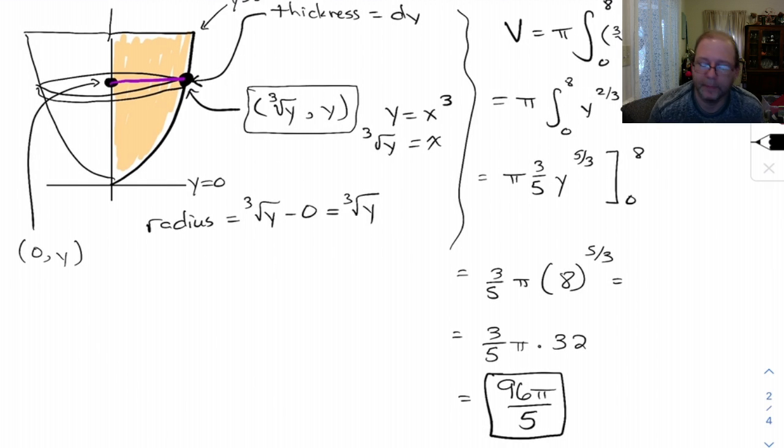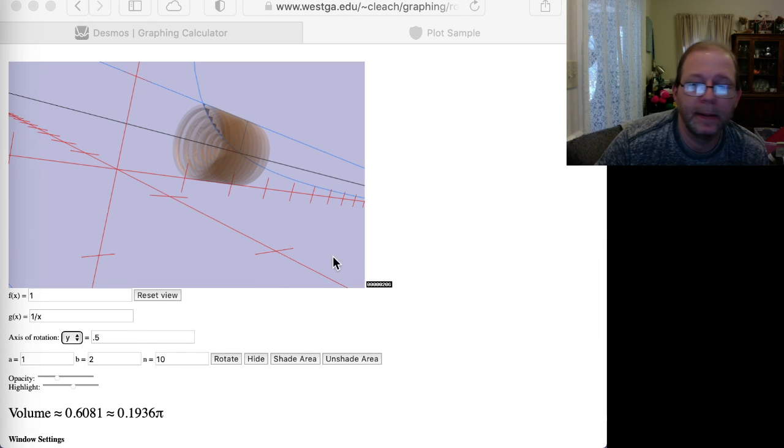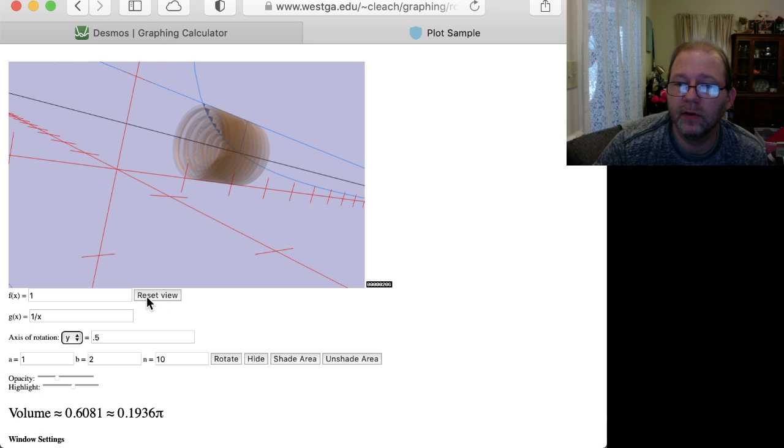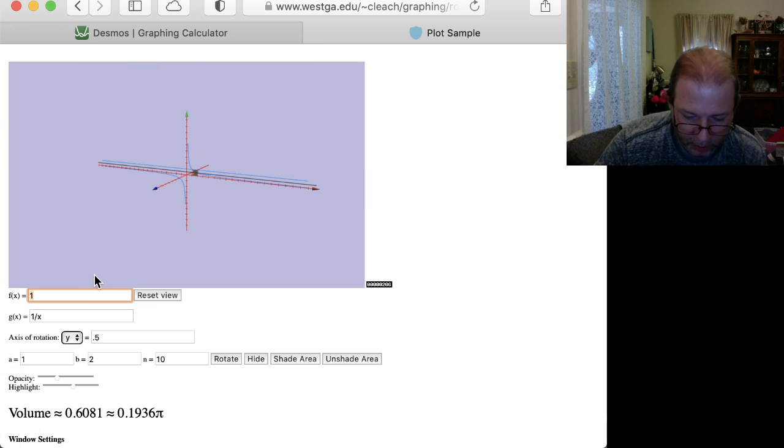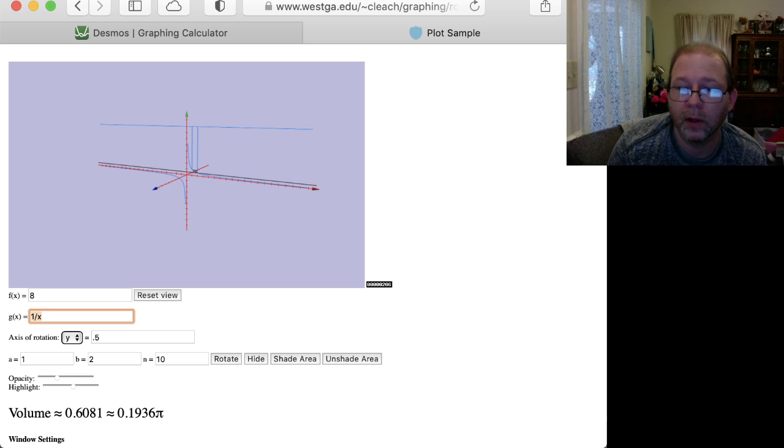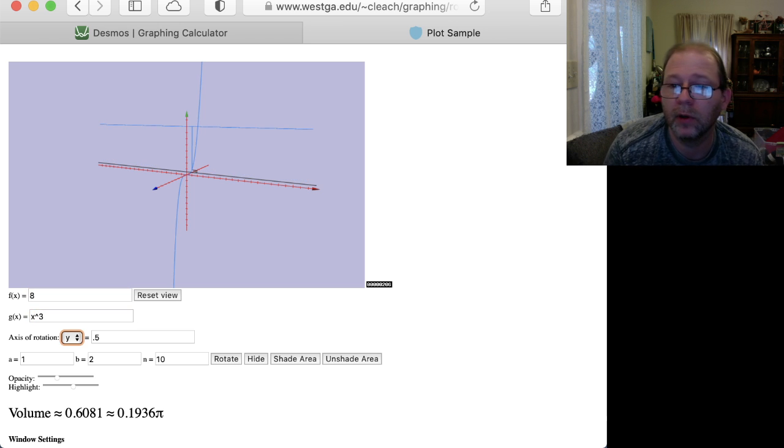And that's it. Now let's check it using the grapher. What we had on this one was, at the top, y equals 8. Then we had x cubed.